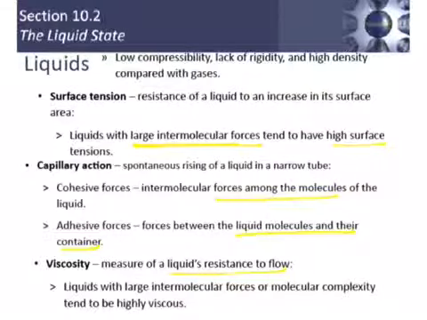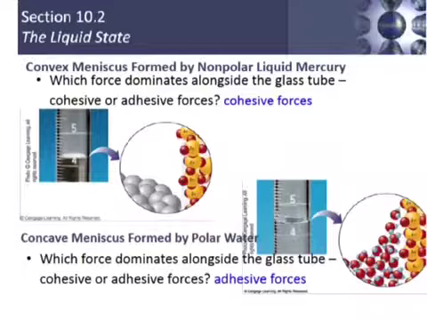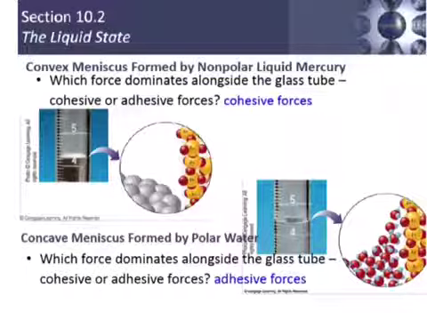Okay, so the next thing I want to look at is why we form the meniscus in a narrow tube. There are two different types of meniscus. You need to know the convex and the concave.